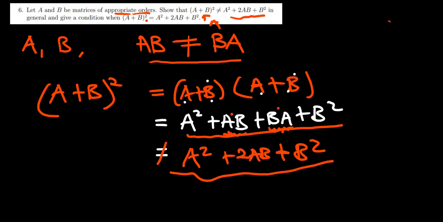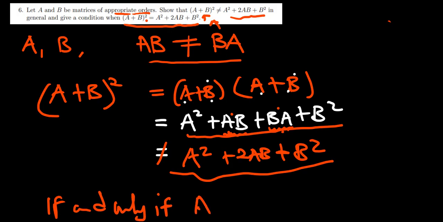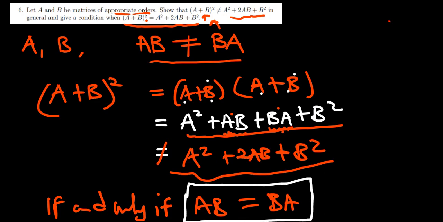Now let's find a condition where this equation becomes true. It can only become true if and only if AB is equal to BA. So if you have a situation where AB is equal to BA, then we say that this equation is satisfied.